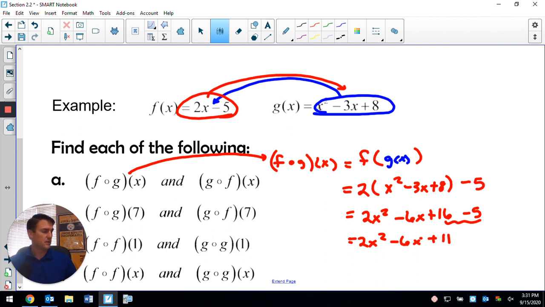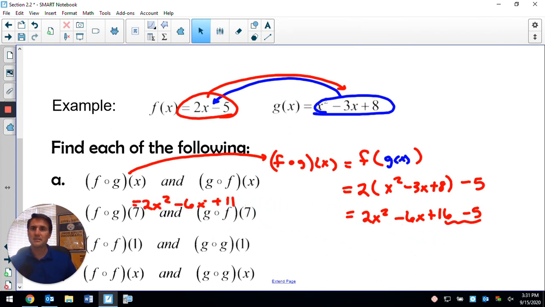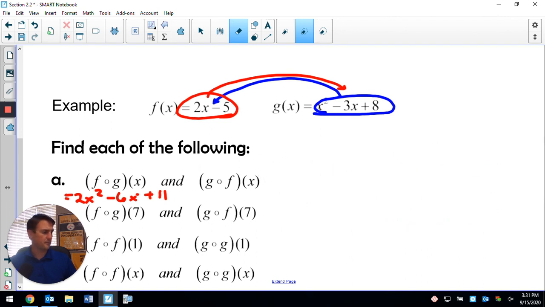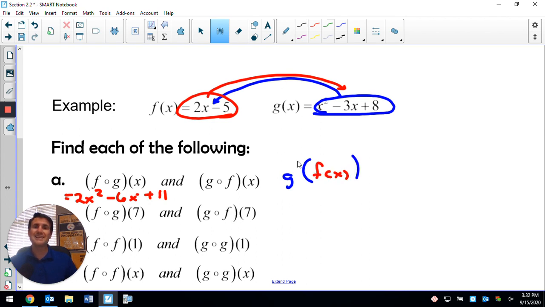I'm going to take this and put it right here, and we're going to redo this problem, but we're going to do it in the other order. So now we're going to do g of f of x, which means we are going to take the entire f function and substitute it into the other one.